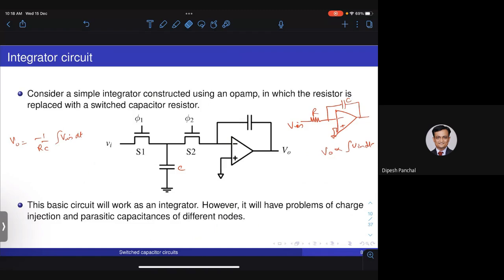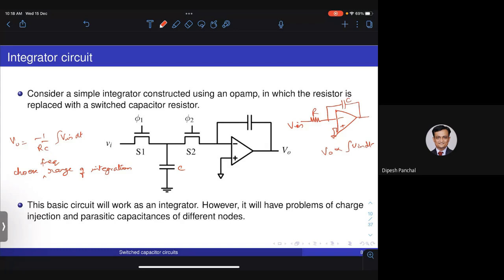You choose the range of integration frequencies, and then you will get a value of RC.